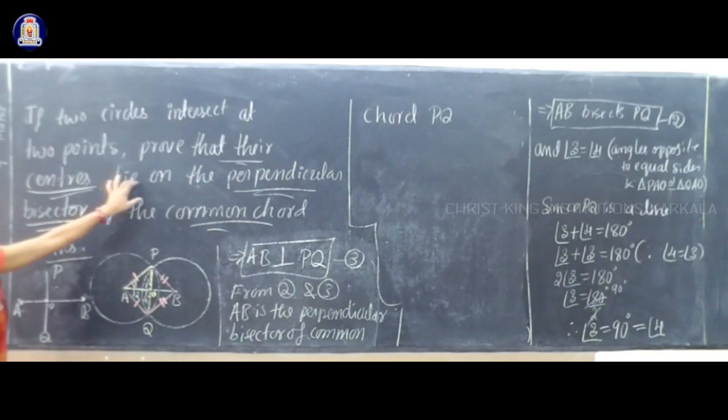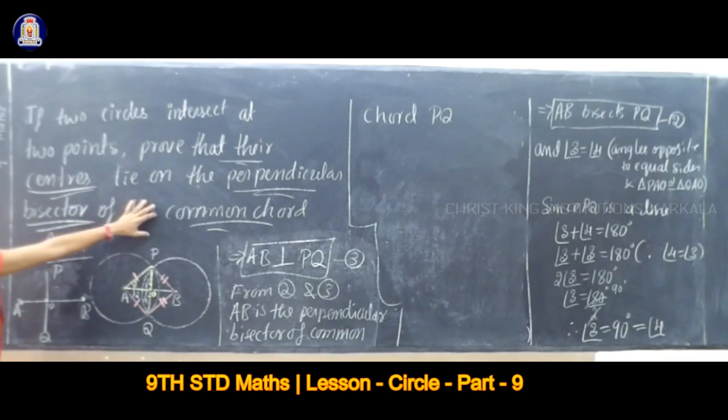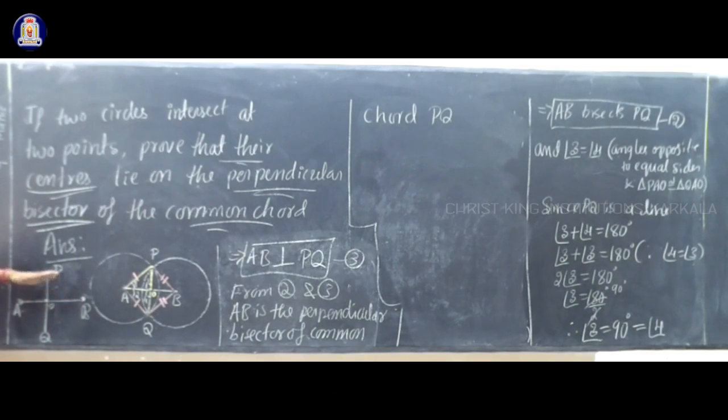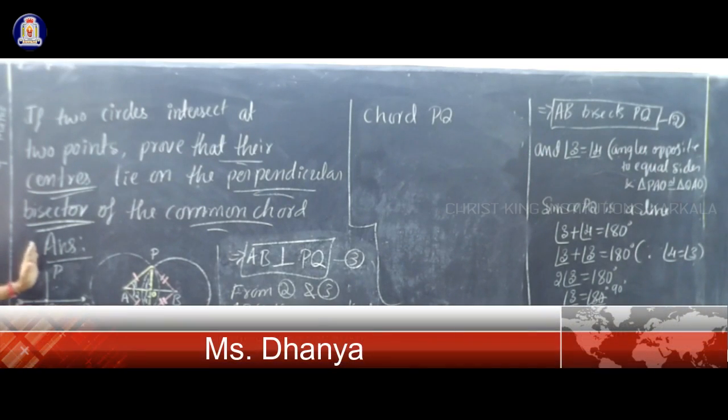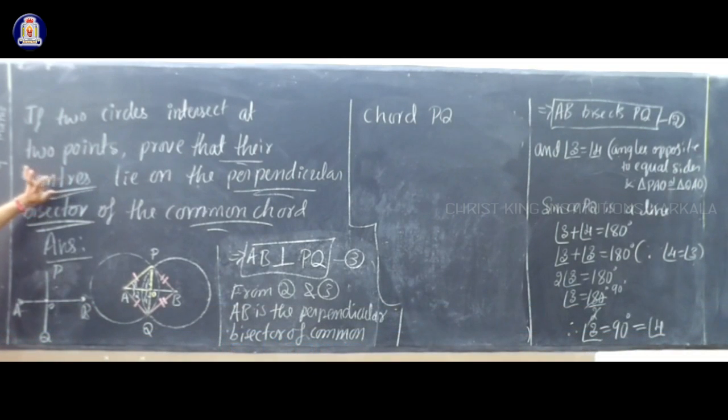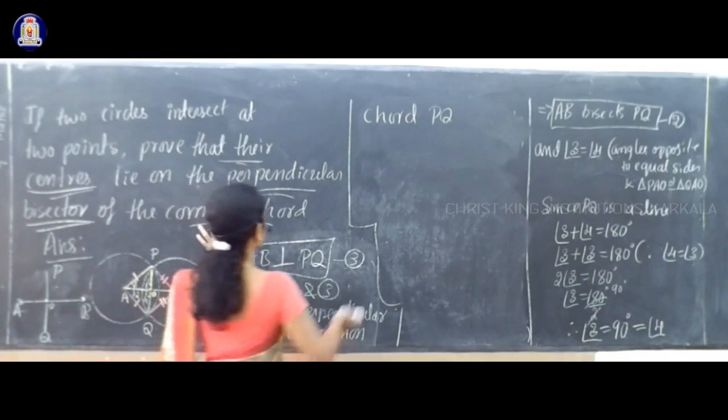Their centers lie on the perpendicular bisector of the common chord. Here you can see centers A and B lie on the line AB, and we proved this line AB is the perpendicular bisector of PQ. So that proves that their centers lie on the perpendicular bisector of the common chord.